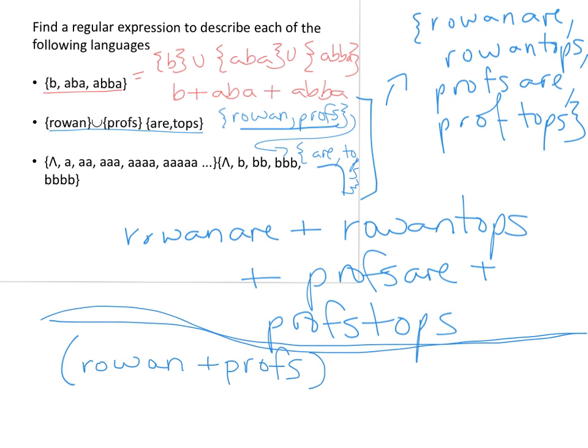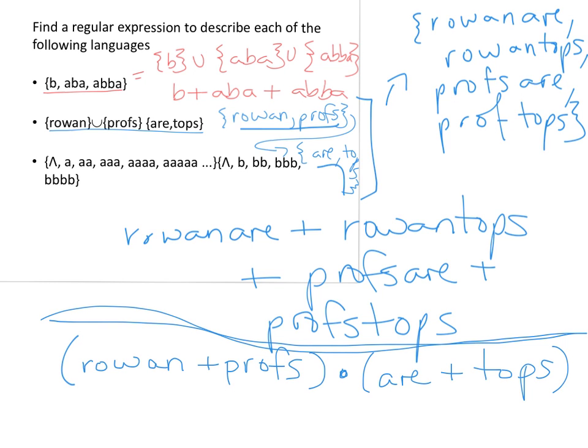Rowan plus profs, concatenated with, I'll give you the dot here, usually we don't write that dot, R plus tops. So what's really important is that you look at all of these and you understand what each of these means, which is a set, right, which is a language, which is just a regular expression that represents the language, and you should feel comfortable moving back and forth between these.